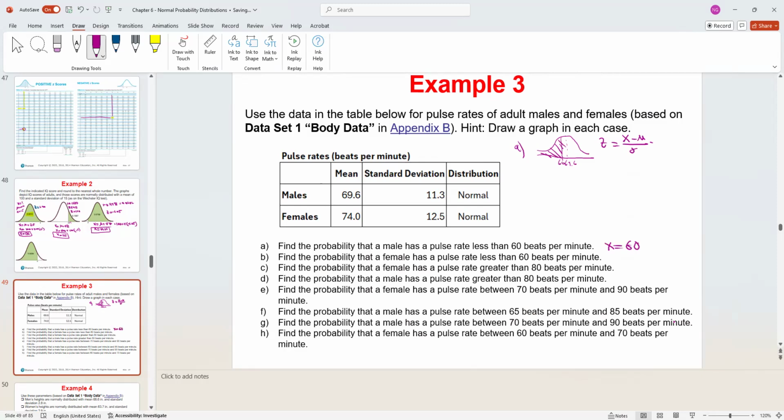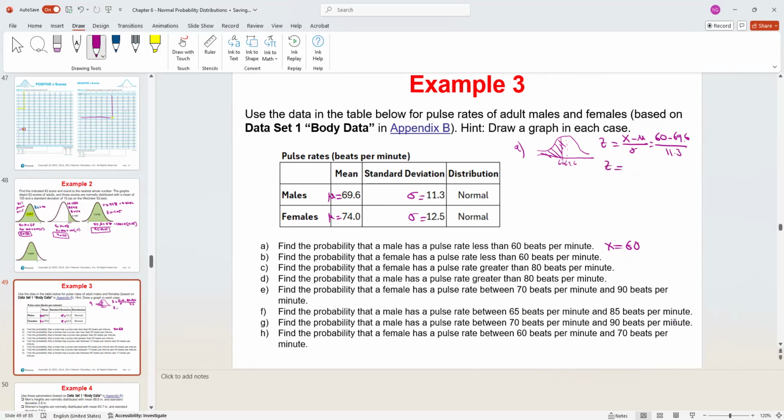Right? So when you do 60 minus the mean, remember this is the mean for male, and this is the standard deviation for male, the mean for female, the standard deviation for female. So 60 minus 69.6 over 11.3.